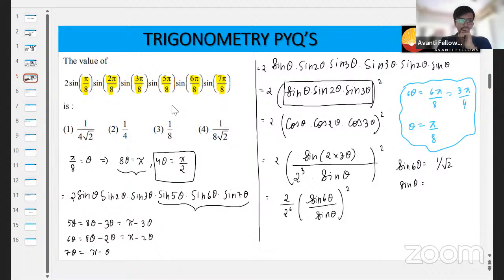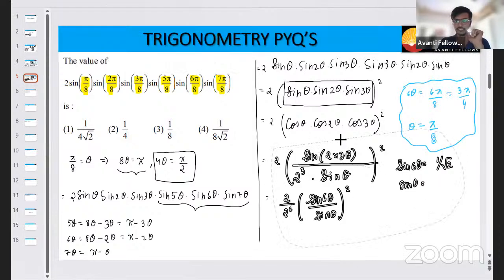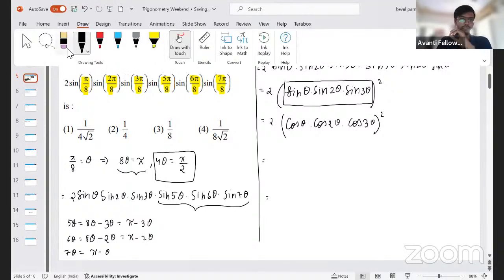Hmm. No, I think we are right. I think we can simplify it here itself. Sorry guys, my mistake. We used the wrong formula here.